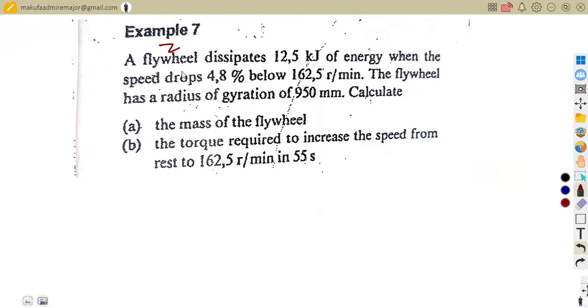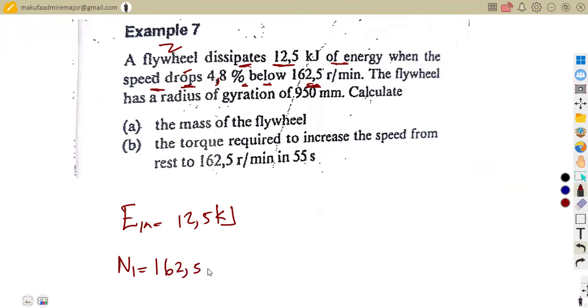Another example we are given: a flywheel dissipates 12.5 kilojoules of energy. So the energy dissipated there is 12.5 kilojoules, when the speed drops 4.8% below this. So the speed drops, meaning to say initially the speed was at what? 162.5 revolutions per minute, which you can convert to rad per second.